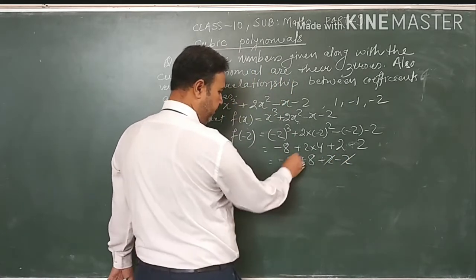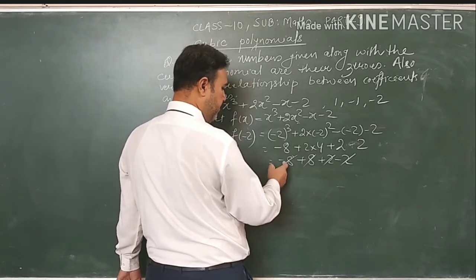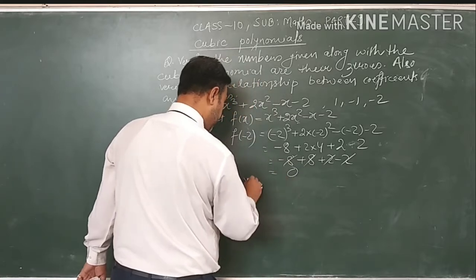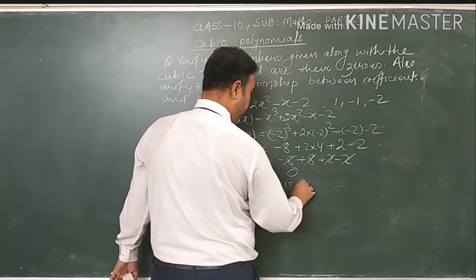Plus minus cancel, plus minus cancel. Means -8 plus 8 is 0, plus 2 minus 2 is 0, so 0. Yes, -2 is a zero.